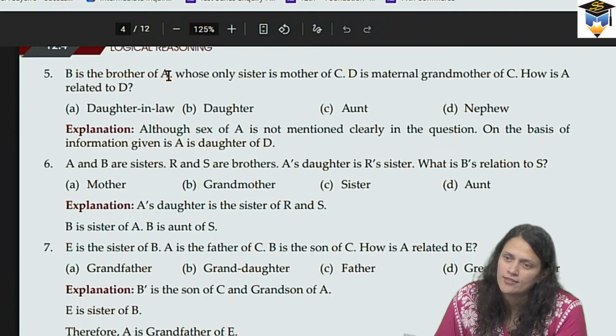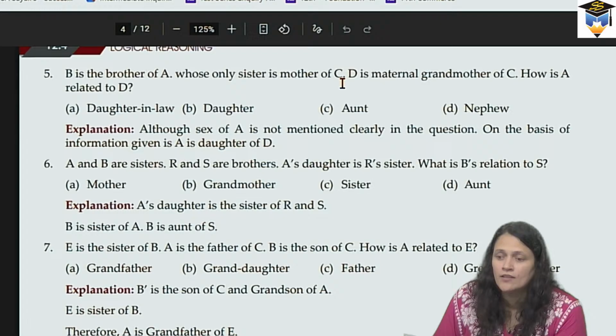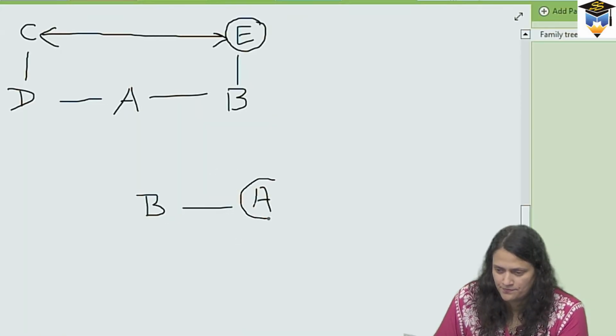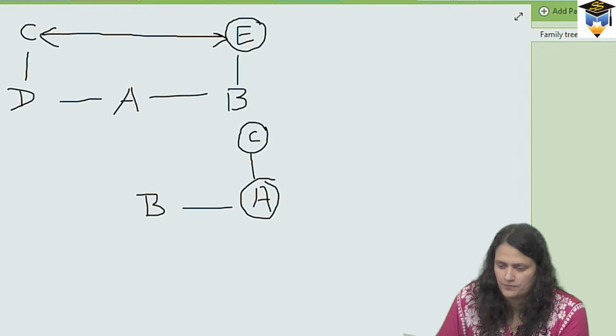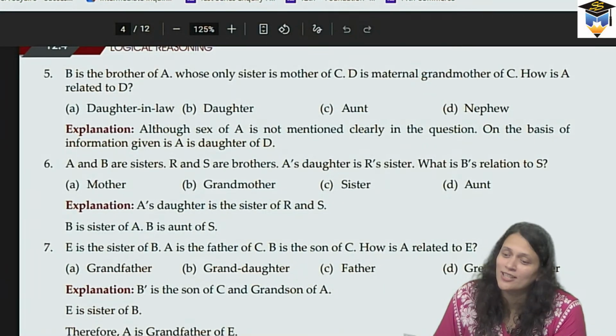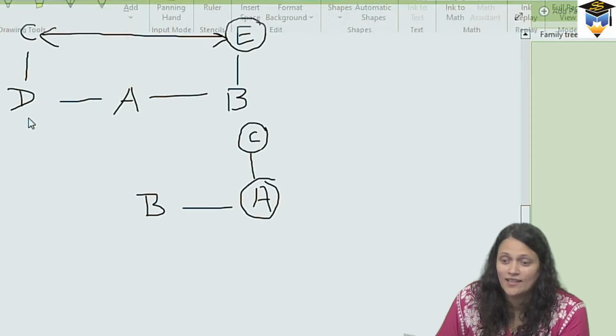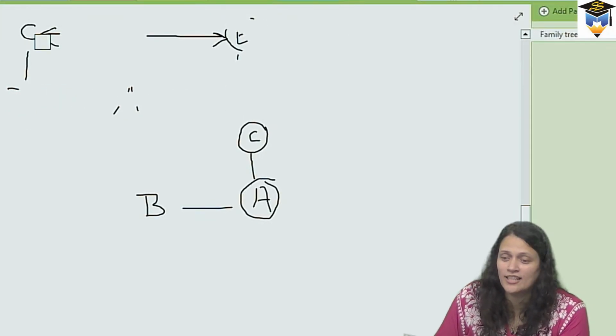B ची only sister A ही रहेगी. A is his sister. And उसकी मदर है C. D is the maternal grandmother of C. Maternal grandmother.